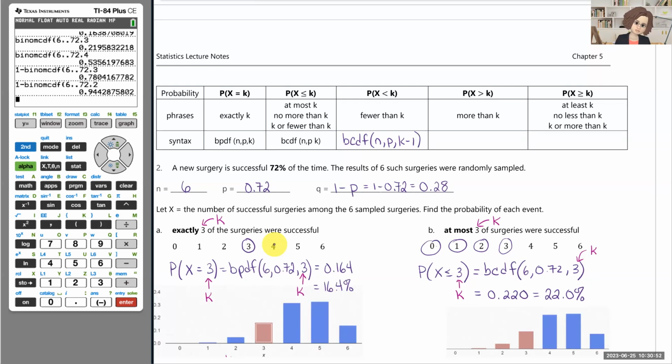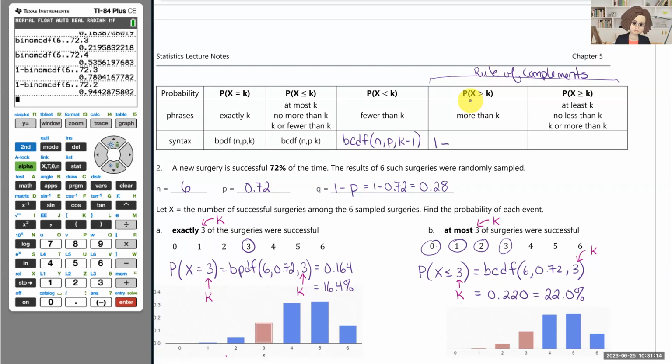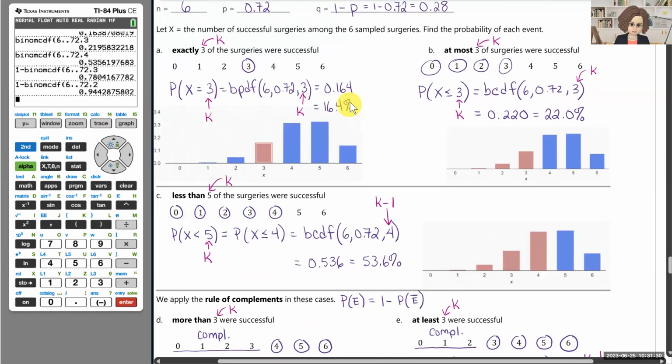And then these last two cases involved the rule of complements. So the greater and the greater than or equal to cases. If the question is more than K, it's going to be 1 minus binomial CDF N, P, and for more than K, the complement ended at K. So one more time down here.